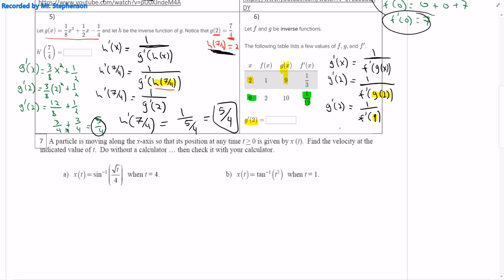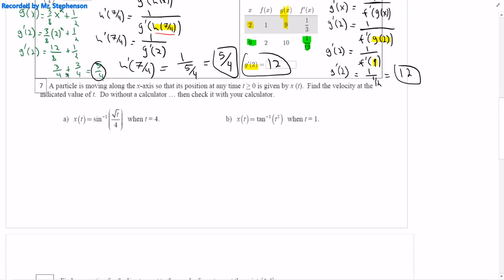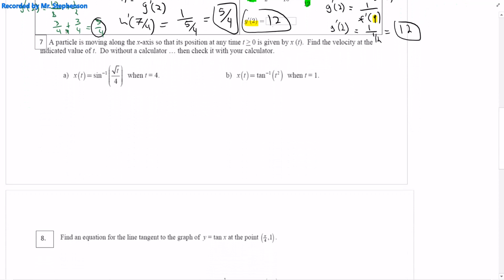So g prime of 2 is 1 over 1/12, which is multiplied by the reciprocal, 12. All right, so that's the answer to that one. I guess we can write it over here: 12. There's our answer.